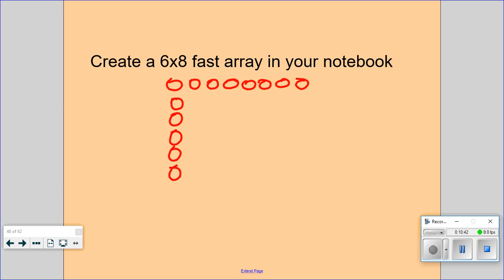If you did 8 going up and down and 6 across, would that still be a 6 by 8 fast array? Scarlett? Yes. Yes? Because? This property says that you can switch your numbers around and then you'll still get the same. Yeah, so an array is not so finicky.